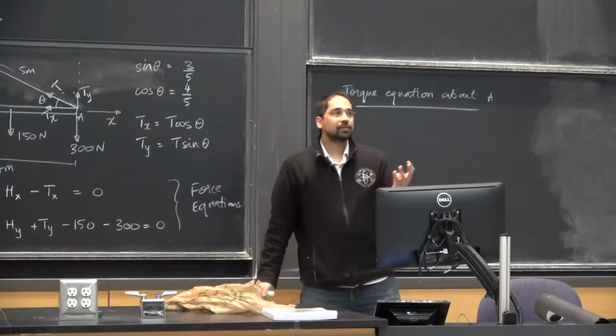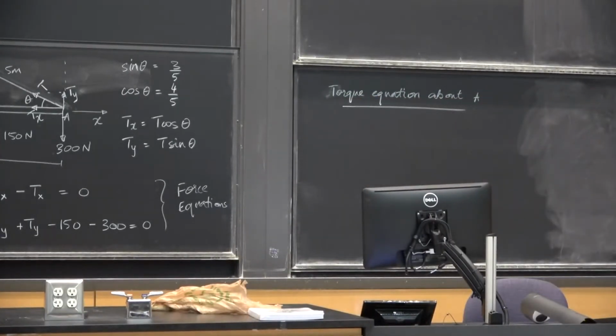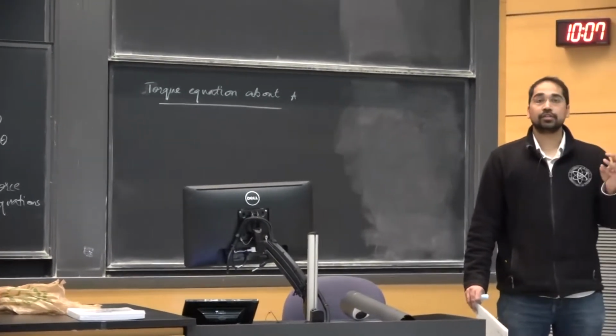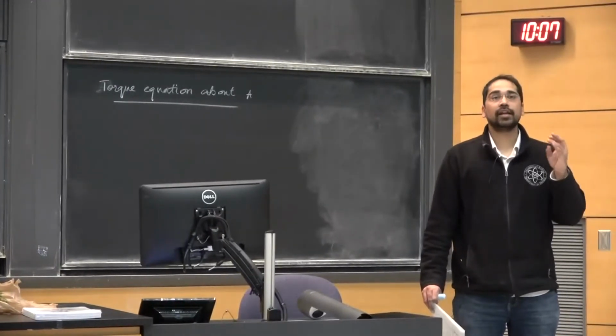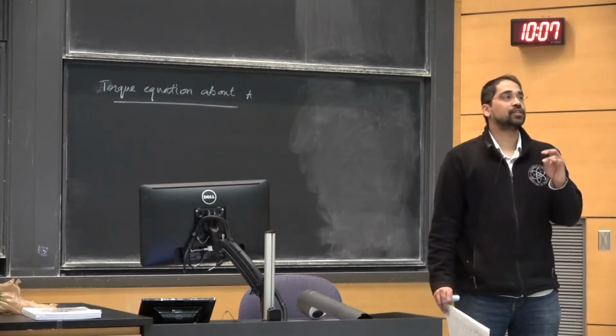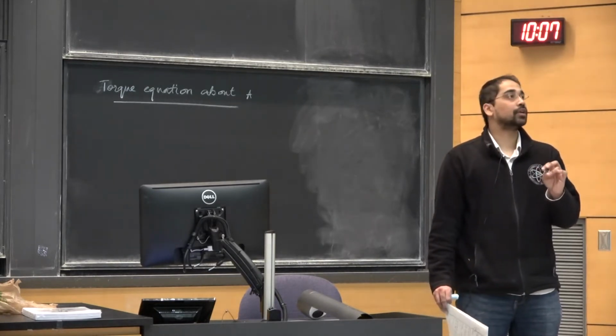Remember, torque is, first I need to figure out where the hinge is. I need to figure out what are the forces acting on the beam. I need to take the force, the distance of the force from the hinge, and I need to figure out that there is at least a component of the force that's perpendicular to the distance from the hinge. Is that okay?